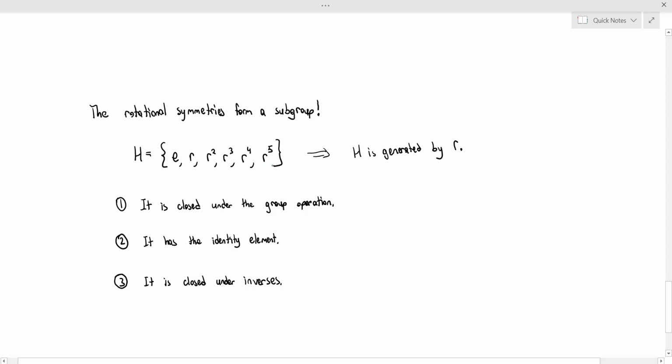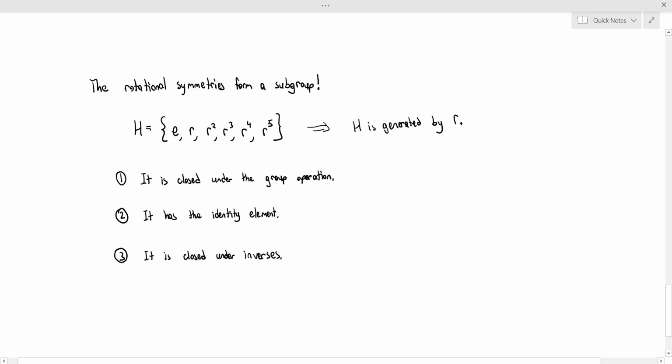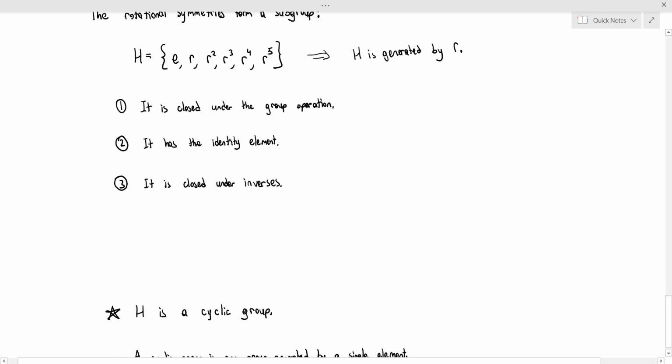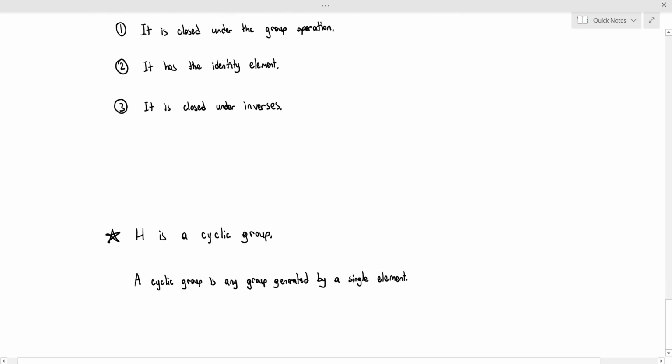So we say that H is generated by the element R, okay? So H is an example of what we call a cyclic group. A cyclic group is any group which is generated by a single element.